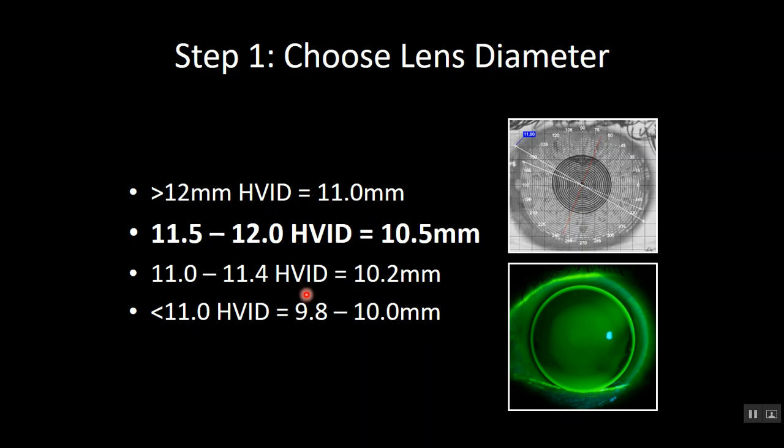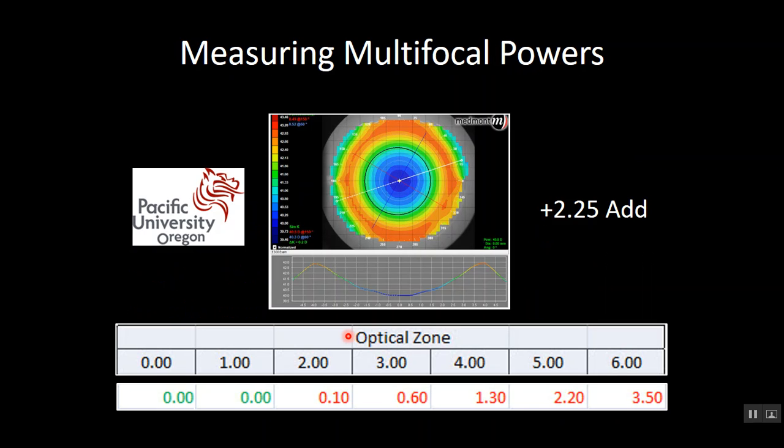When your VID is 11.0 to 11.4, then you're going to go down to a 10.2. If you have a VID smaller than 11.0, then a 10 millimeter lens may be what you choose. So you're fitting much larger lenses than traditionally fit in single vision lens practice.